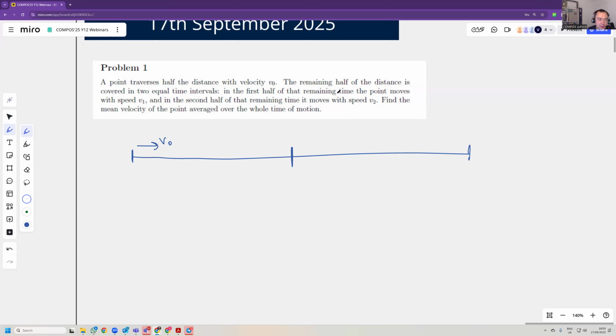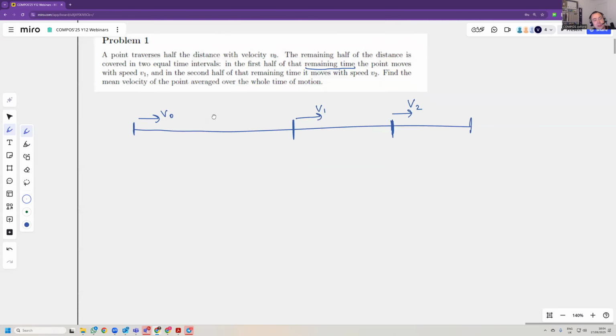So the first half of the remaining time, it moves with velocity v1 to some point, and then it travels with velocity v2 half the time. Find the mean velocity of the particle.